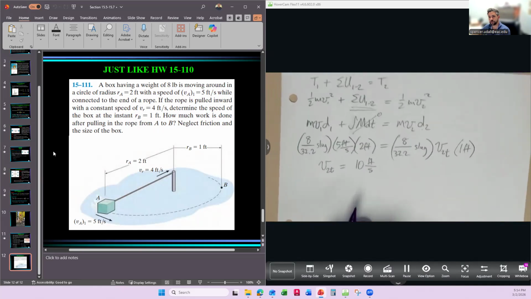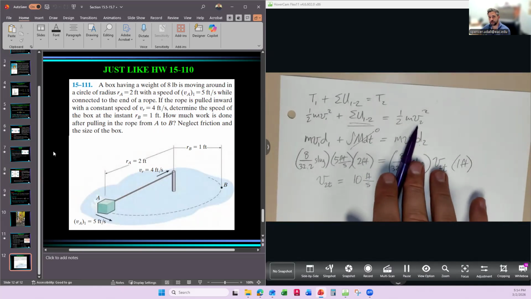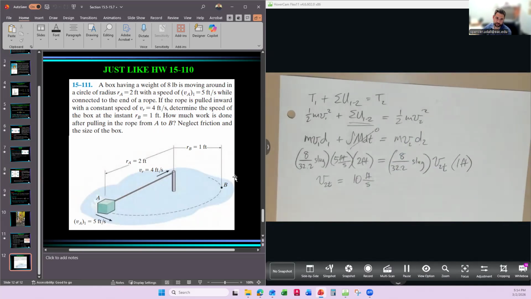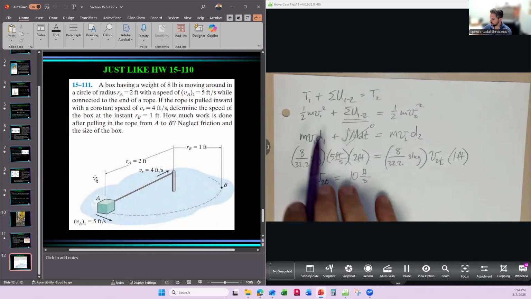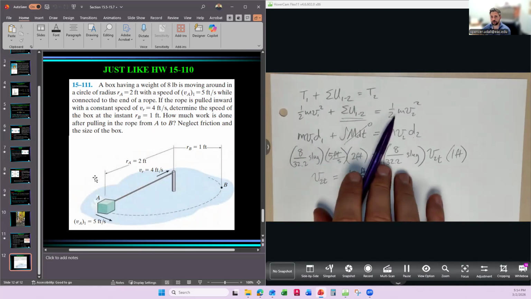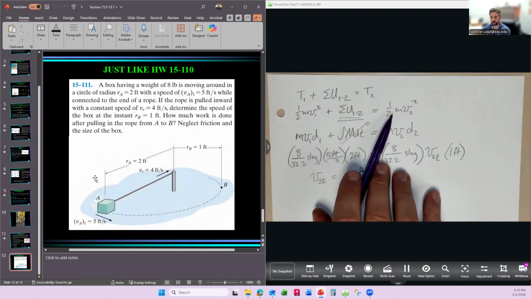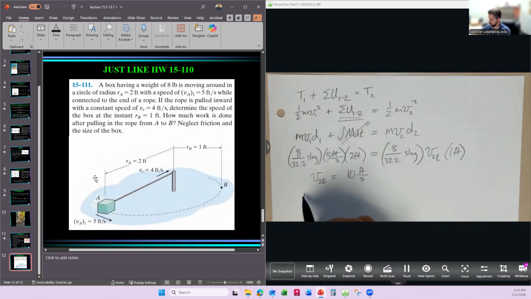Okay, so is that the V2 that we need to stick in here? That's only this tangential velocity, right? It's also going to have this constant 4 feet per second. So if we want to do our V1, V2, we should come up with a total V1 and a total V2.